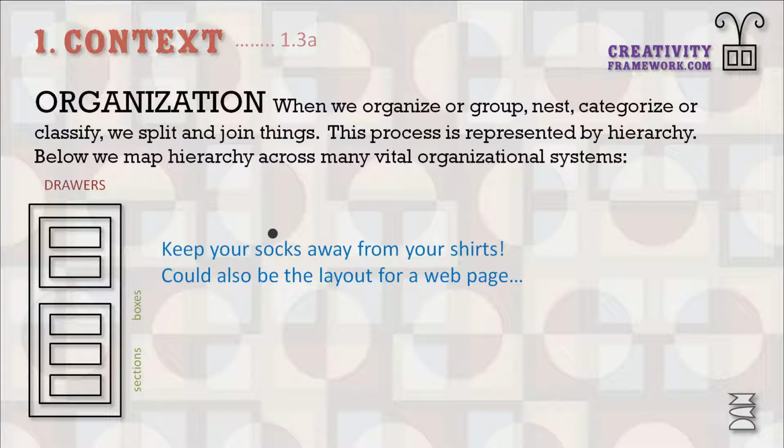Organization. When we organize or group, nest, categorize, classify, we split and join things, and this process is represented by a hierarchy. And now we're going to map a hierarchy across many vital organizational systems. So first we start off with this vital one of our dresser drawers. There we are, so we can keep our socks away from our underwear.